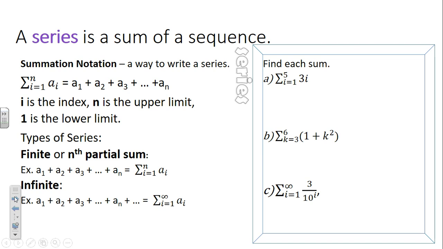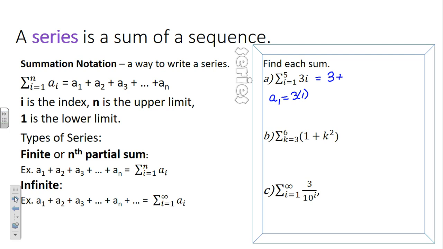And it says that we're going to start at 1 and go to 5 and generate a sequence that we're going to add up to get our series. Okay, so let's let i be 1. That means a sub 1 would be 3 times 1, right, which is 3.